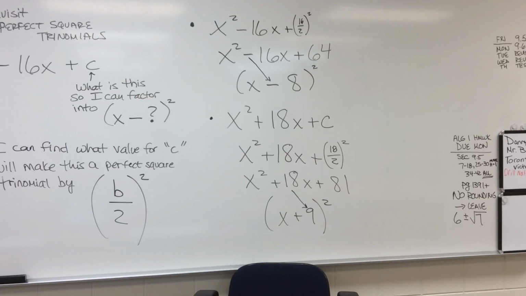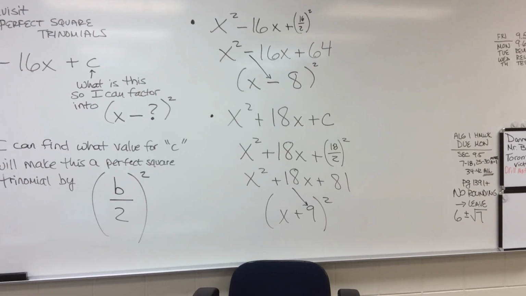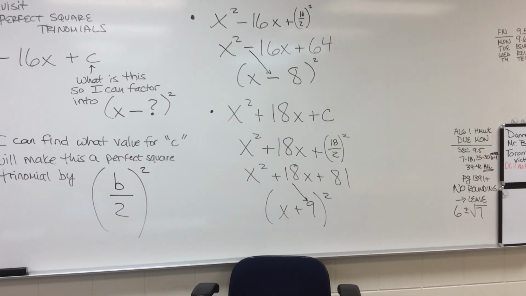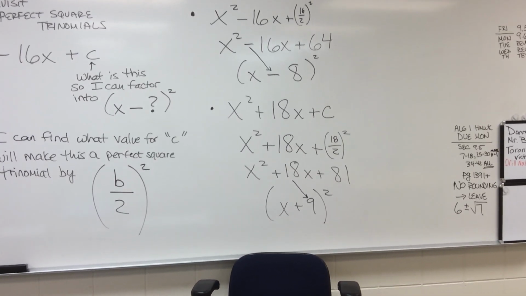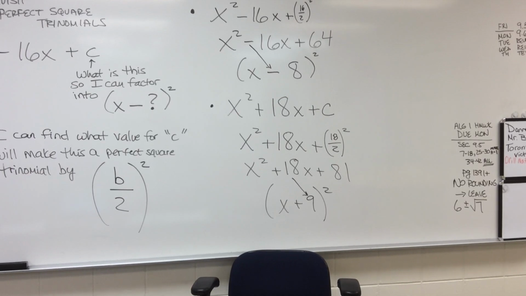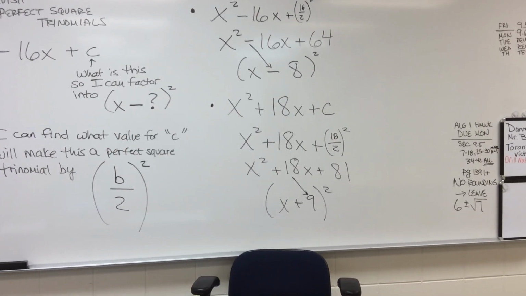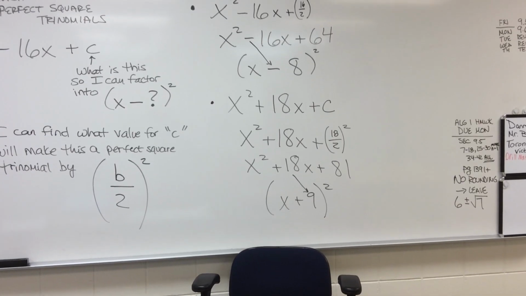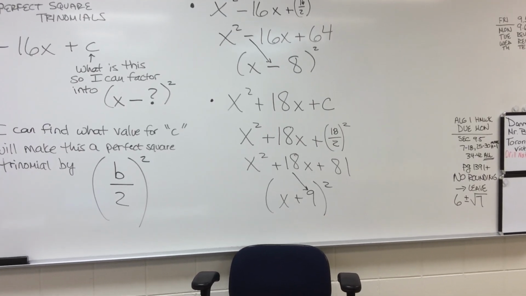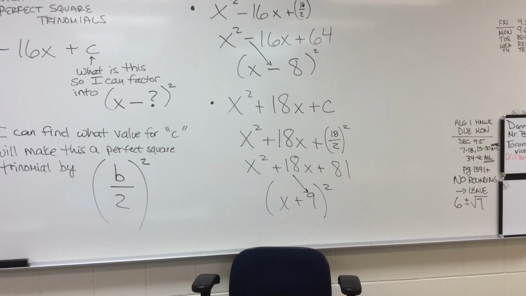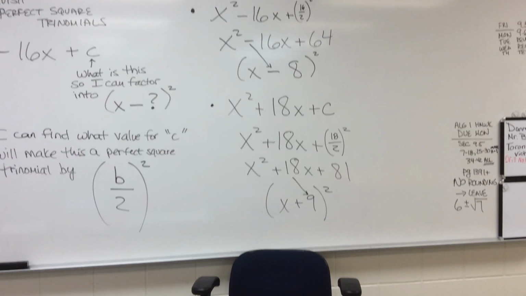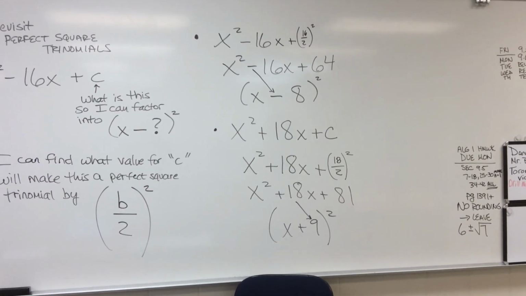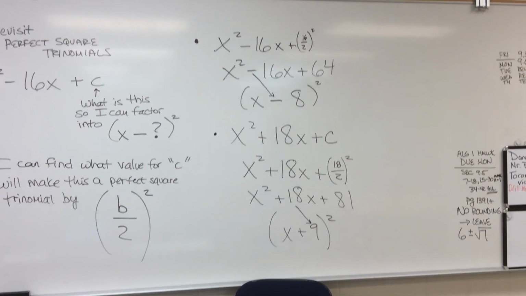Then the next one, x squared plus 18x plus c. What c will let that be a perfect square trinomial? I divide b by 2, I get 9. I square that, I get 81. So I could factor that into x plus 9 squared. All right, so that is what we discussed in class as far as how we find that c value, how we complete the square.